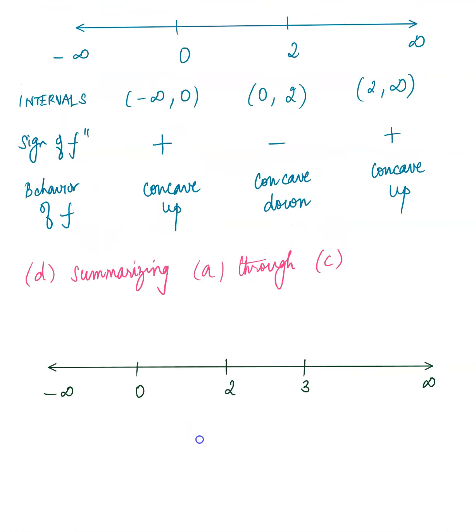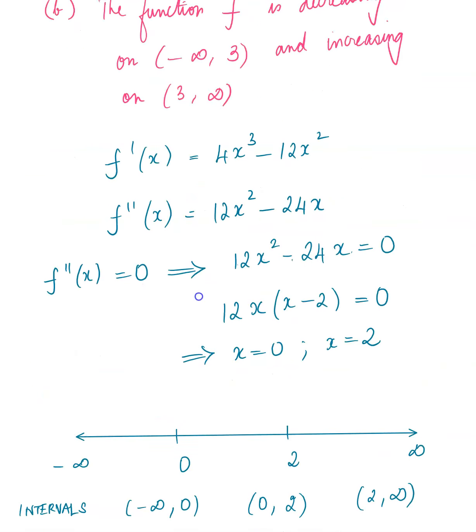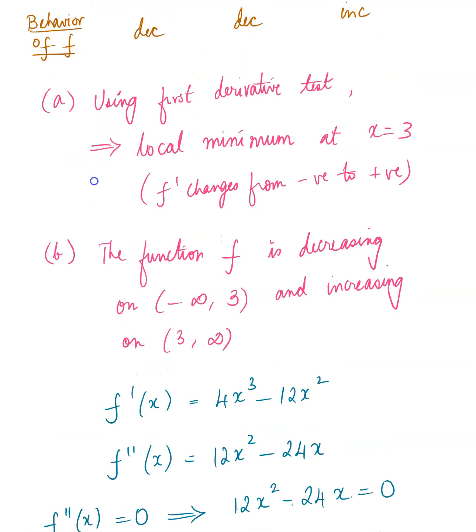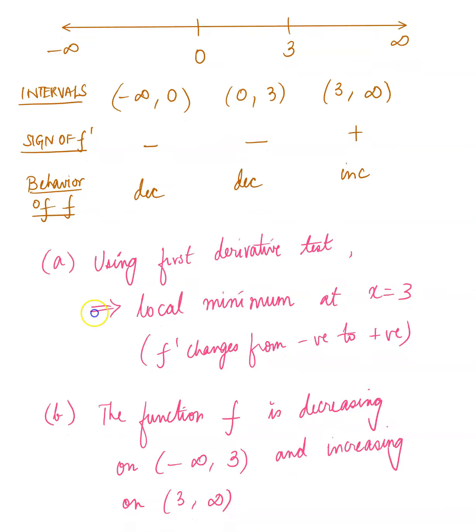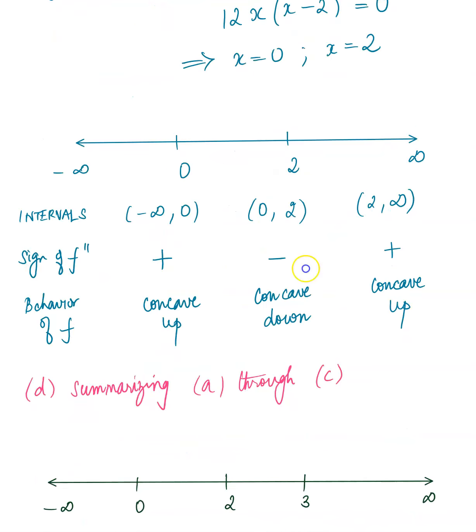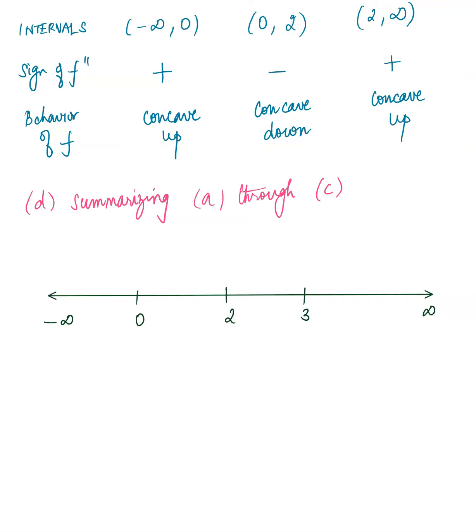Okay, so 0, negative infinity to 0. Here it's concave up. Negative infinity to 0, 0 was decreasing and concave up. So I'm going to compile all these details here. Decreasing and concave up.